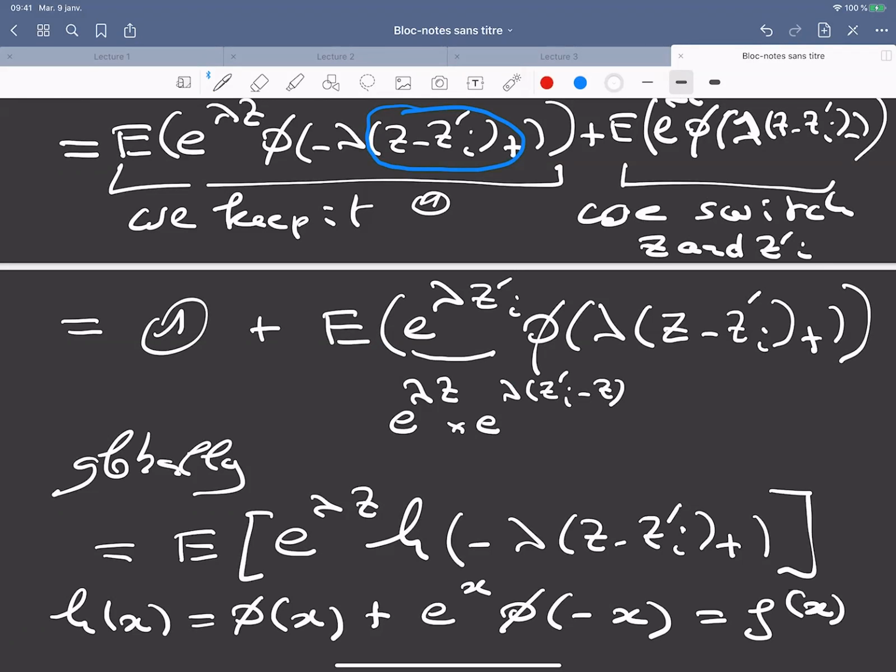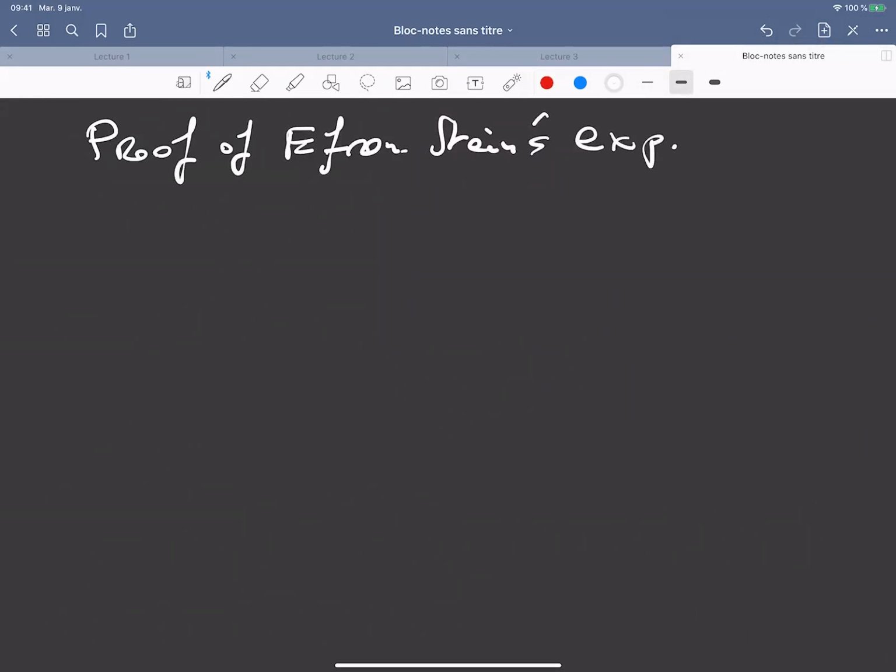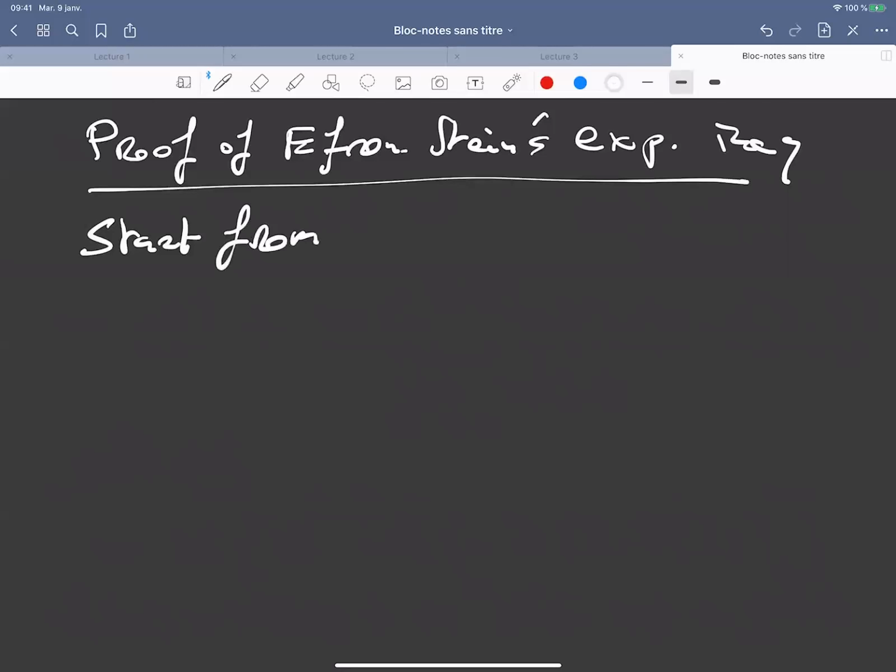Okay, so now we turn to the last proof for today's lecture, the proof of the Efron-Stein exponential inequality. So we start from the consequence of the symmetrization lemma.